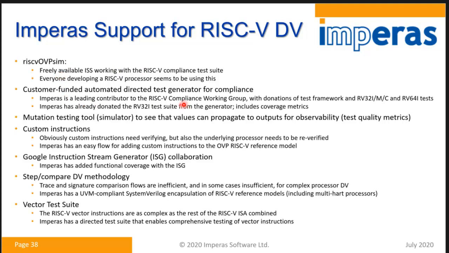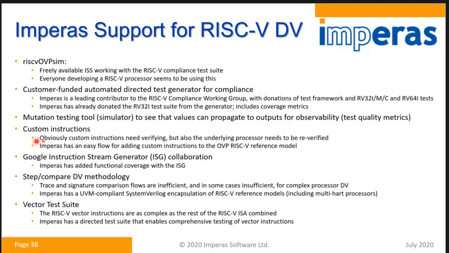We have a test generator that we built, which is customer funded, which allows us to develop test suites. And one of the suites we developed using that is a huge vector test suite with over 7,000 instructions, many million lines of tests in there. We have a simulation derivative, a mutation testing tool, which allows us to see that values propagate in the test to the output, and that's extremely important for test quality.